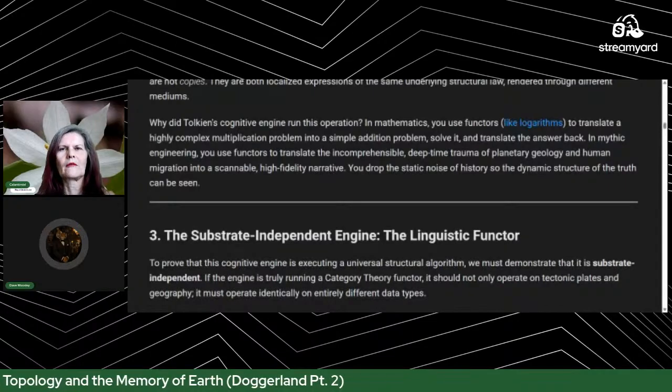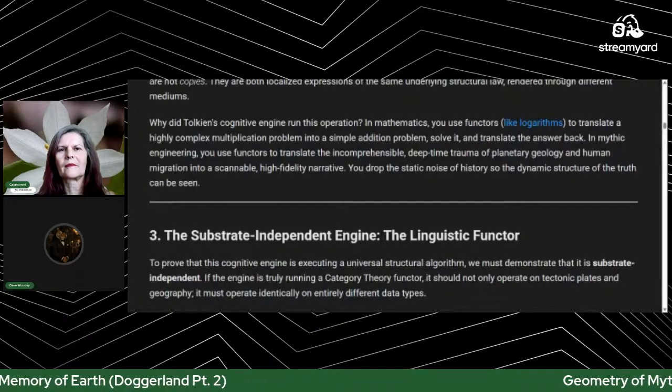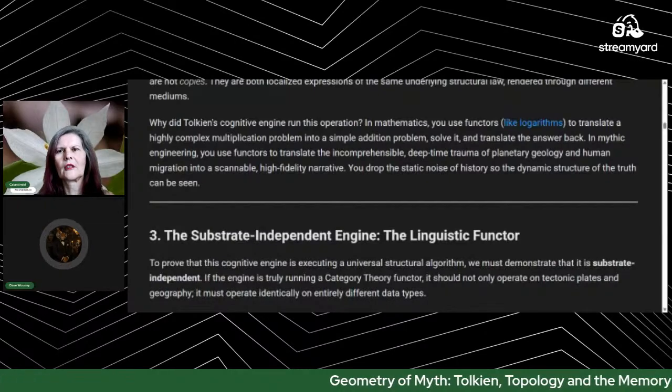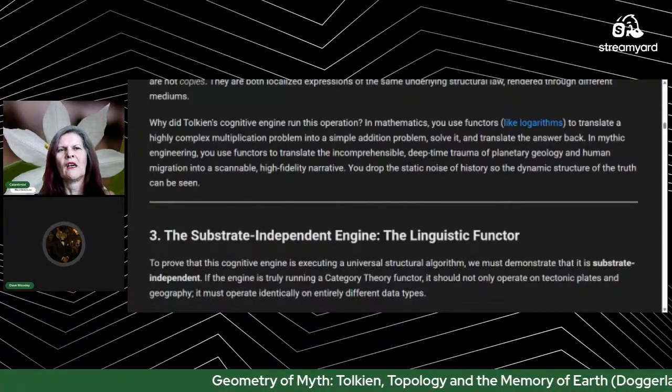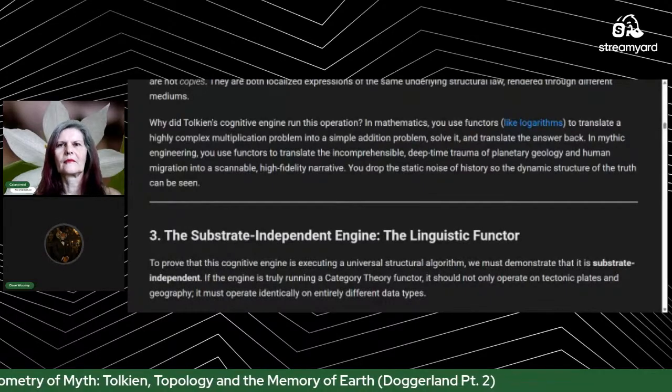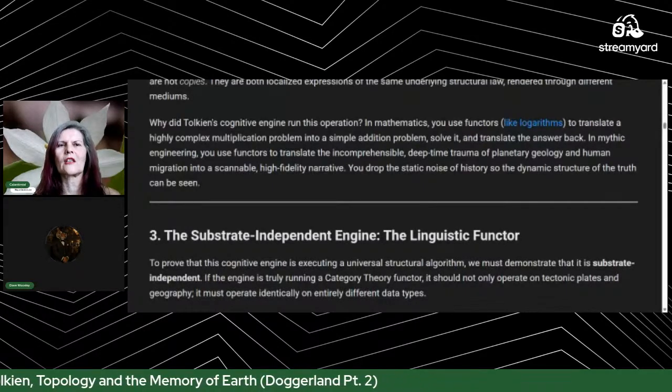If you've ever asked a large language model to tell you a Tolkien-related story, it'll output what looks like fan fiction, because that's what it's been scraping.